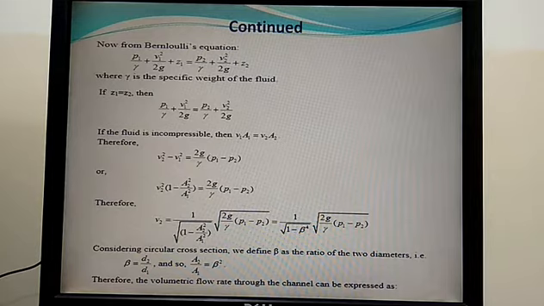Now from Bernoulli's equation, you have been taught all these things.